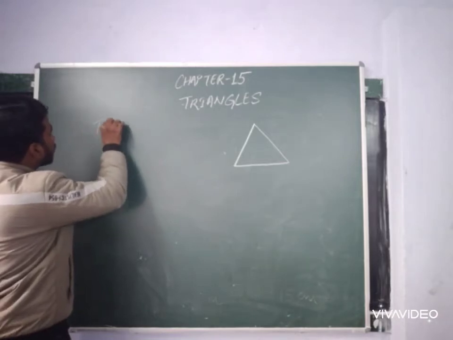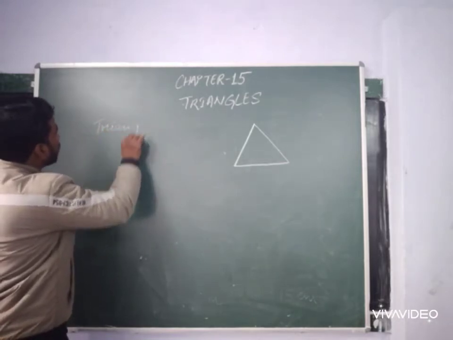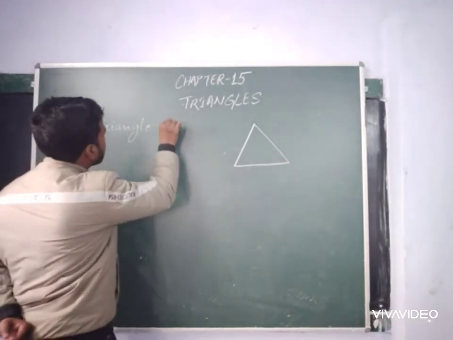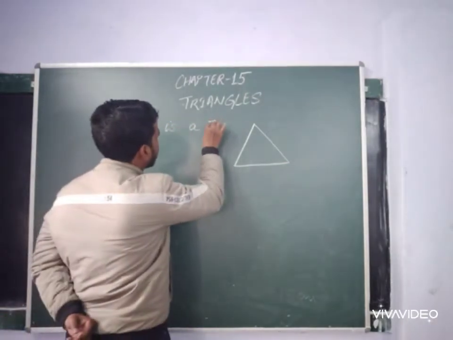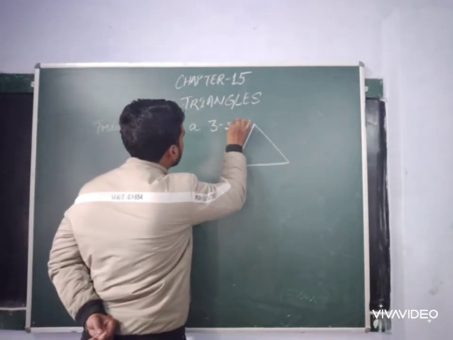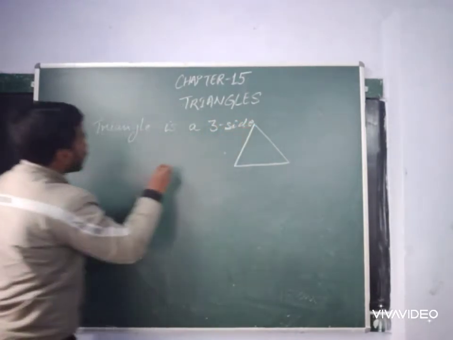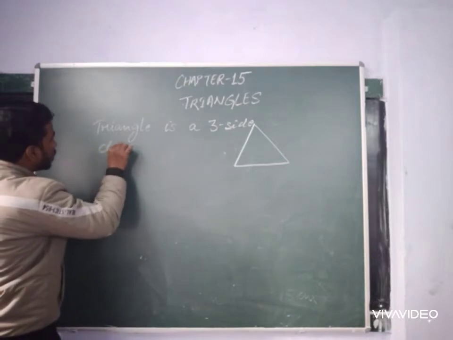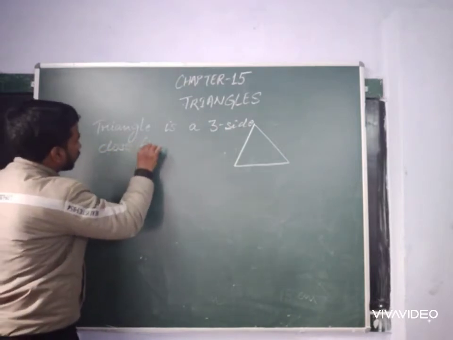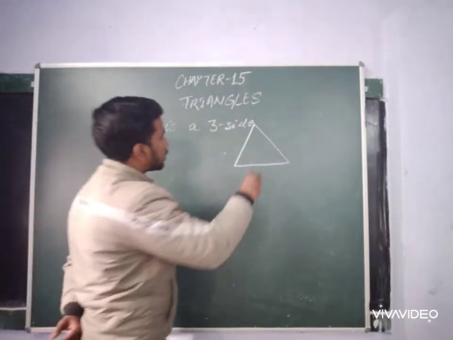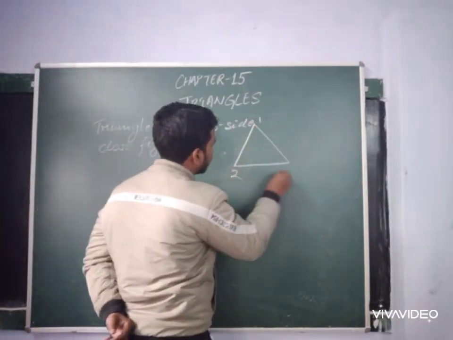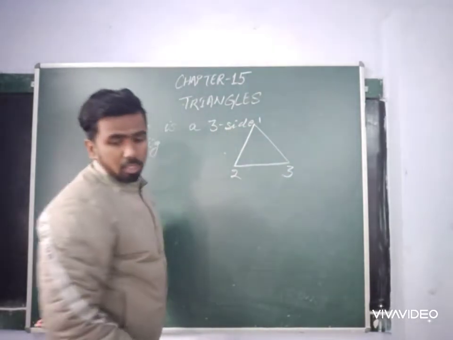The definition of a triangle: a triangle is a three-sided closed figure. Clear? There are three sides in this figure and it is enclosed.